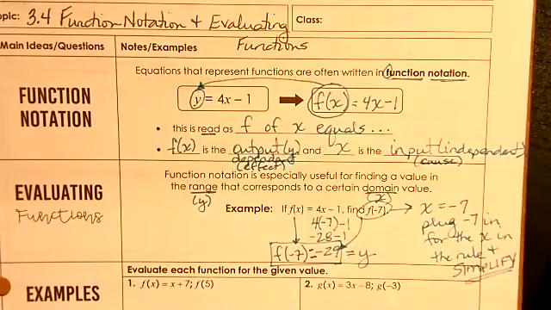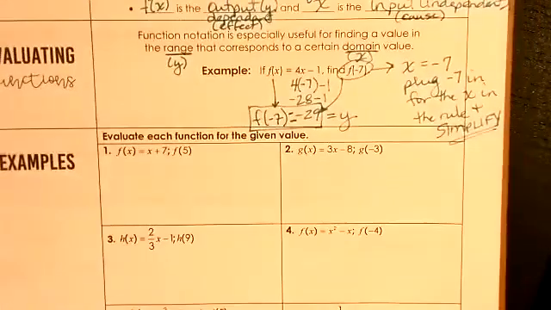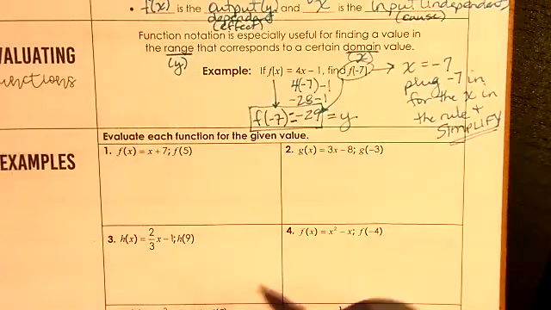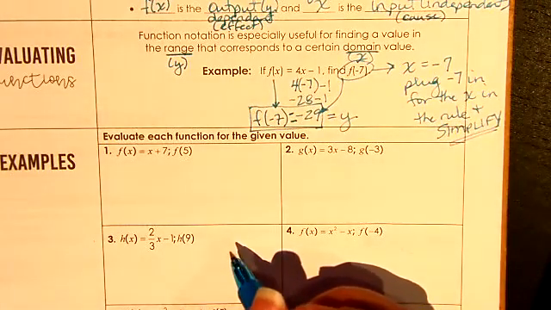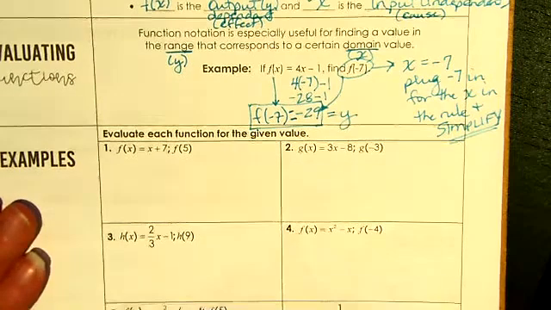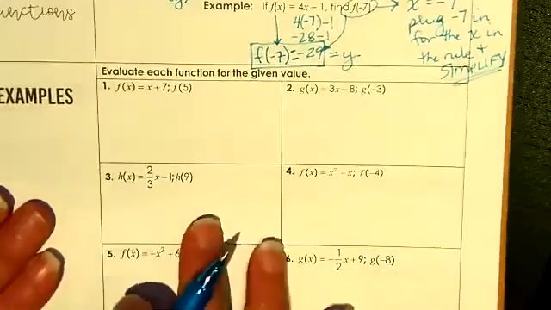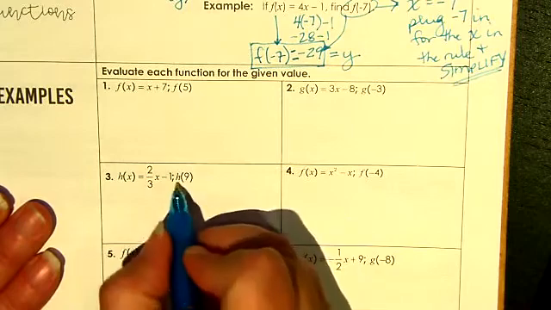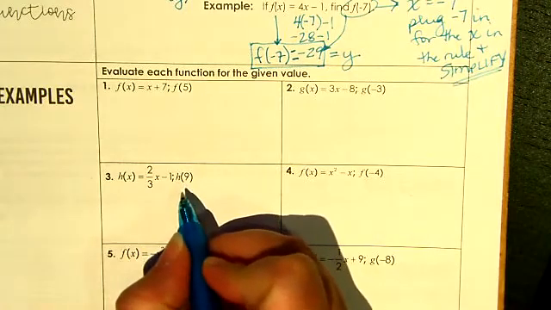Okay, let's work a couple of examples now. Okay, here we go. We'll start with number 3. We're just plugging in. It says h of, that's still function notation.